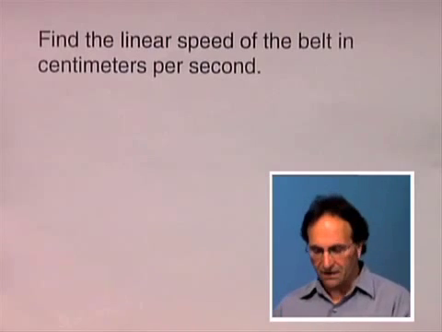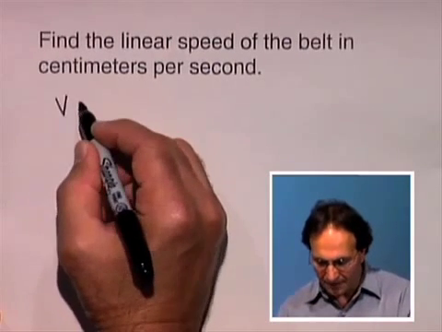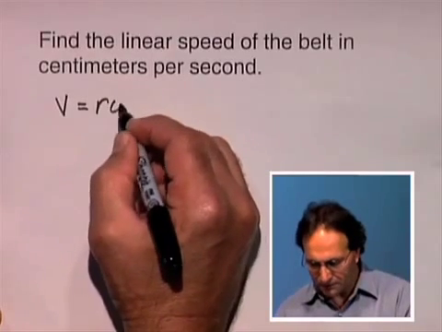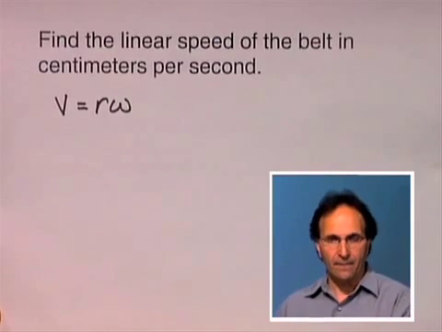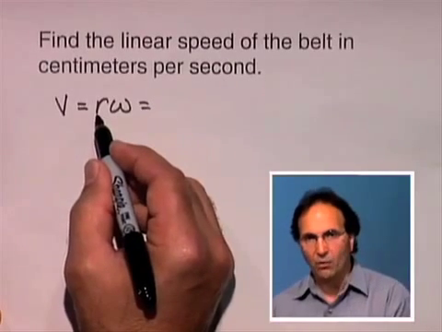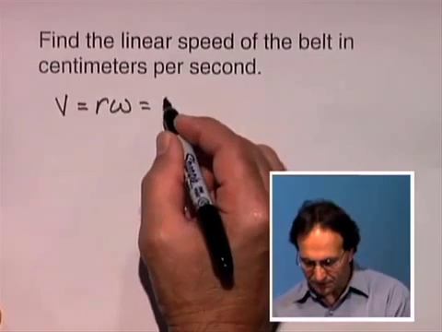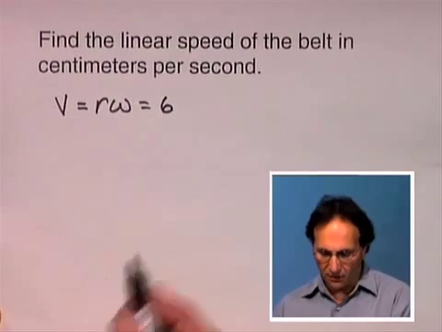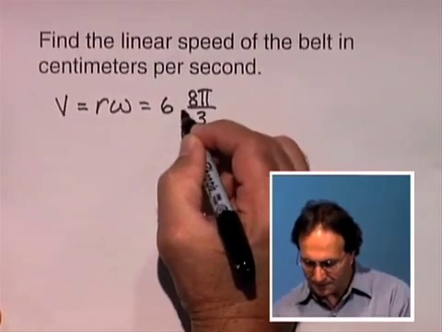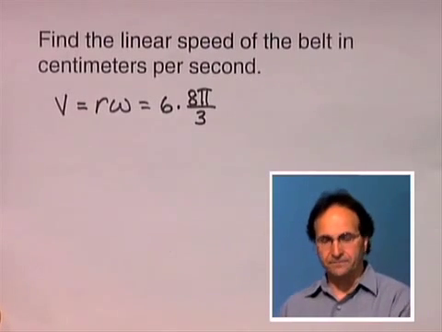So in this case, the linear speed, v, is equal to r times omega. And this would be r, remember, was 6 centimeters, times the omega we just calculated, 8 pi divided by 3.